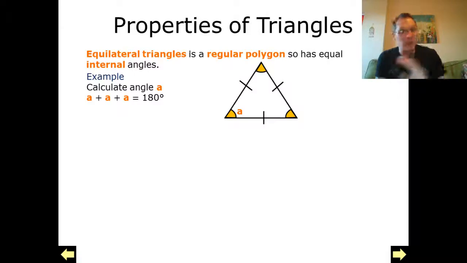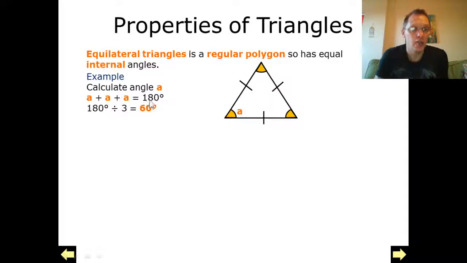That is a fact that you'll be using throughout mathematics. So there are three angle A's because all these are equal. So A plus A plus A has got to equal 180 degrees. So if I divide 180 degrees by 3, that's going to give me the value of A, which is 60 degrees. One single angle in an equilateral triangle is 60 degrees.